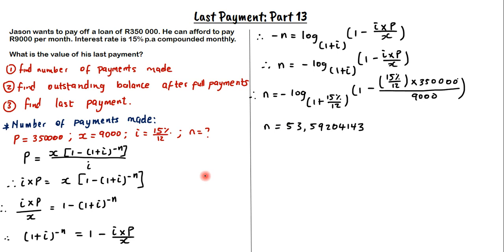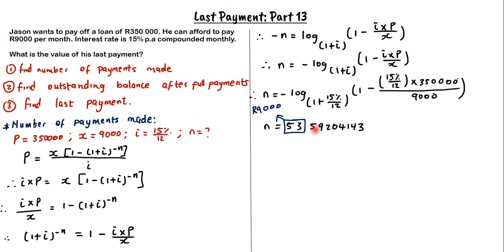Now from here, what do we then do? So the next step now from this is to find the outstanding balance after full payments, right? So now remember, we said earlier that when you're finding n like this, this means this 53 was the full 9,000 rand payments. Those were the full 9,000 rand payments, right? So that was that.